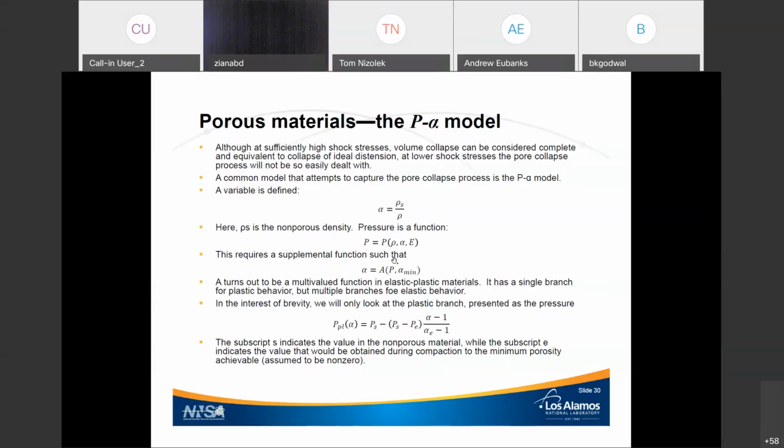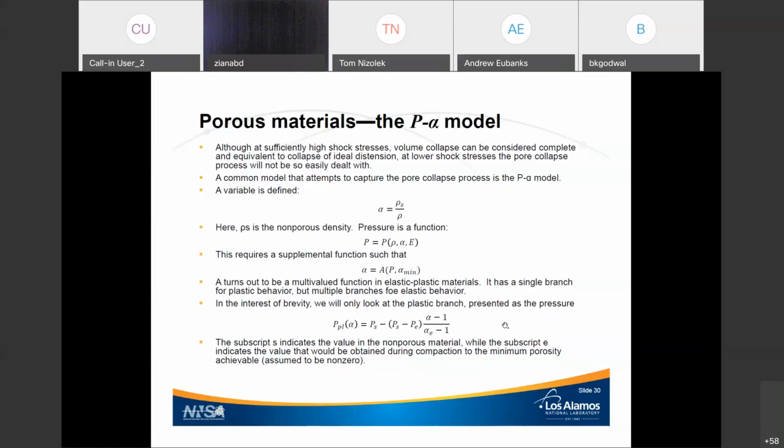So alpha is a function of pressure and something called alpha min. It turns out that this is a multi-valued function in elastic-plastic materials. For plastic behavior, alpha has a single branch, but in elastic, before the material has yielded, it has an infinite number of elastic branches.